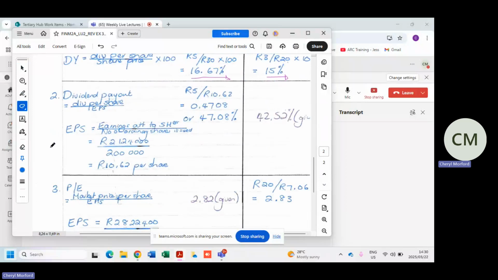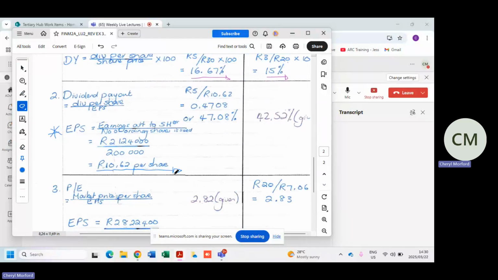So let's have a look here. There is my working for earnings per share. Notice how this one is expressed. Earnings is in terms of rand. Number of shares is a number. So this must be expressed as so many rand per share. In this case, 10 rand 62.